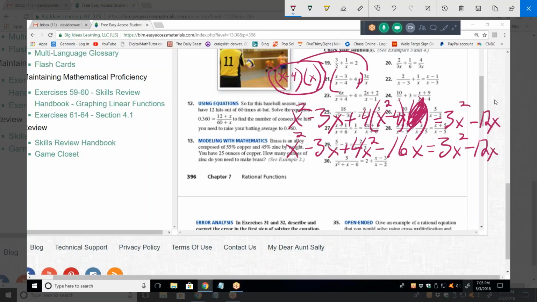Which side do I want to put everything on? Actually, here, before I ask that question, that was not fair. Let me combine the terms on the left side. I was looking at it incorrectly myself. Now, which side do I want to put everything on?